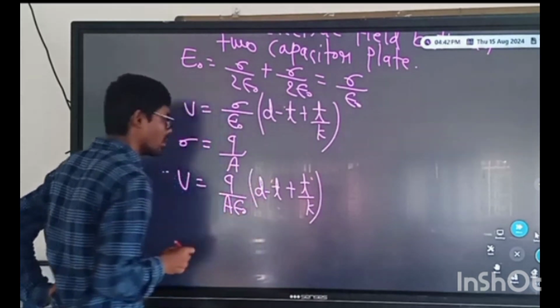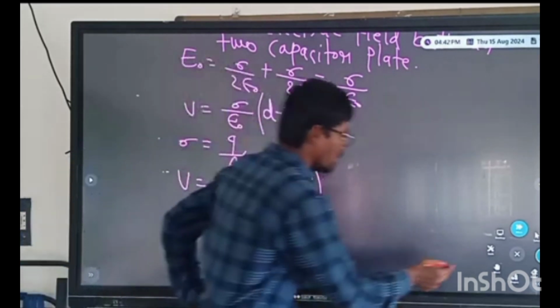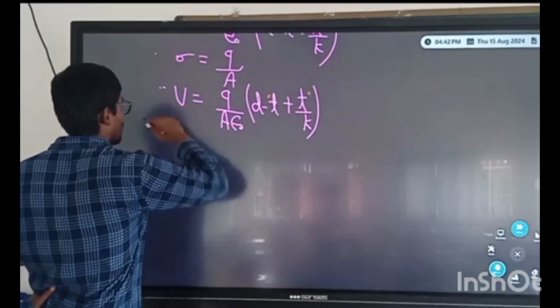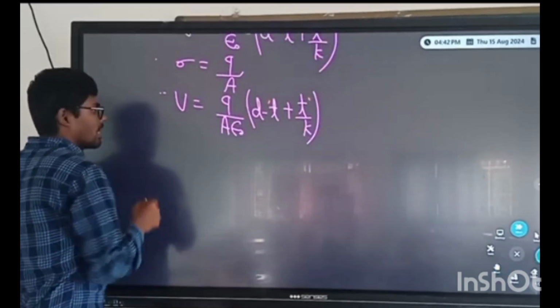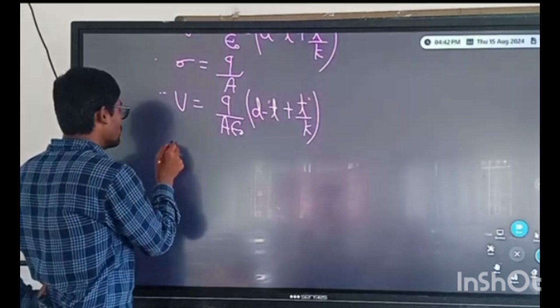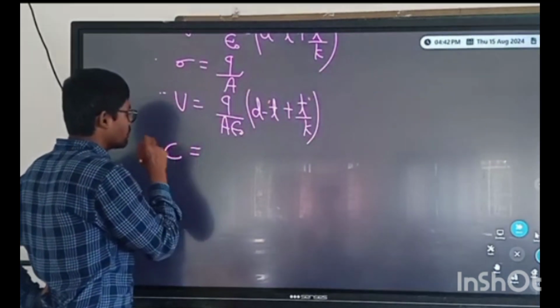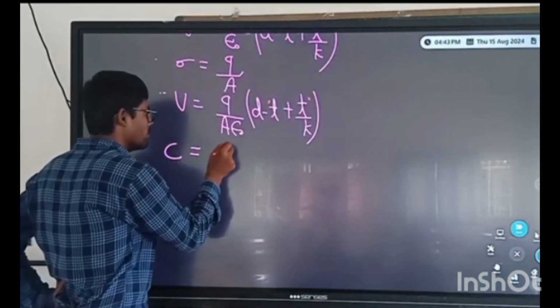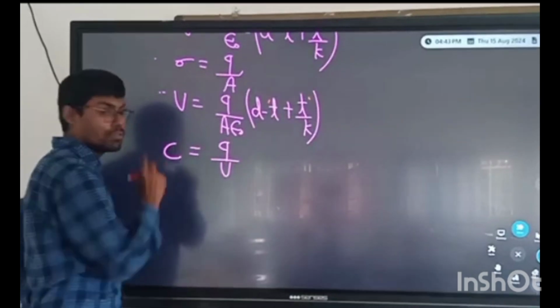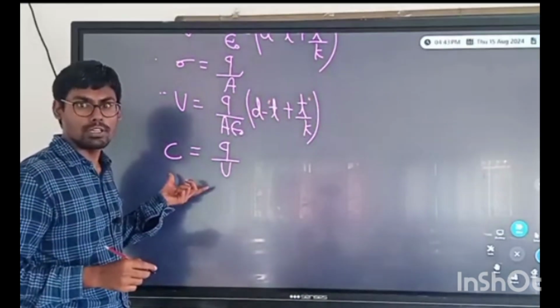The capacitance of the parallel plate capacitor C will be Q by V; this capacitance we want to find.